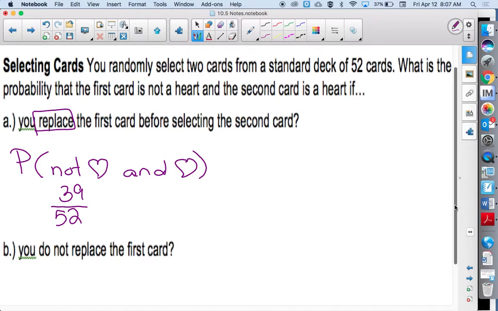So not getting a heart would be 39 out of 52. And means multiply. There is no change because you take the card out, you place it back in. Odette, what's the probability of choosing a heart the second draw? 13 out of 52. So you take the card out, you place it right back in, and I still have 52 cards because I replaced it.